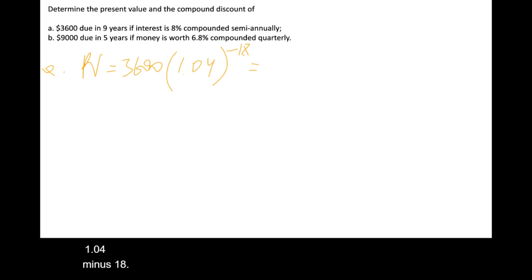Right? 9 years, so 1.04 exponent negative 18 times 3600. Oh, interesting. Okay, that's 1777.06. Do you have the same answer for present value, guys?